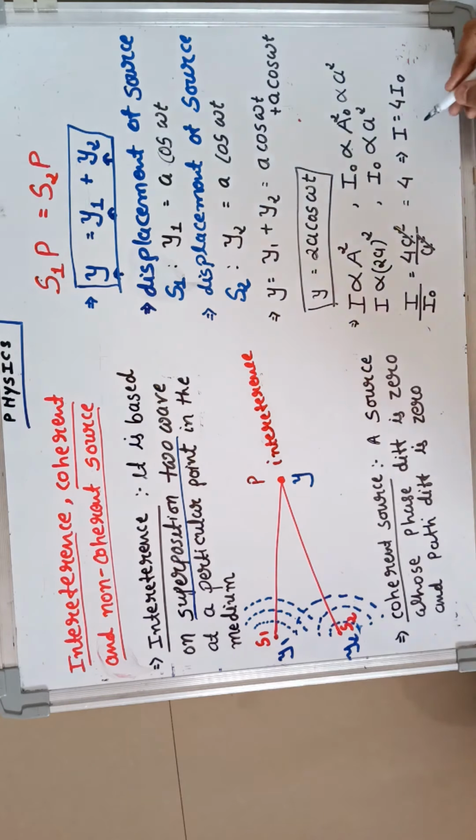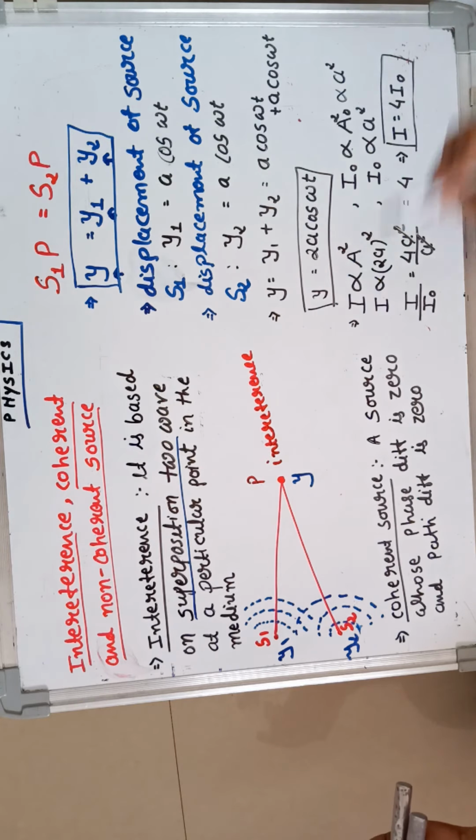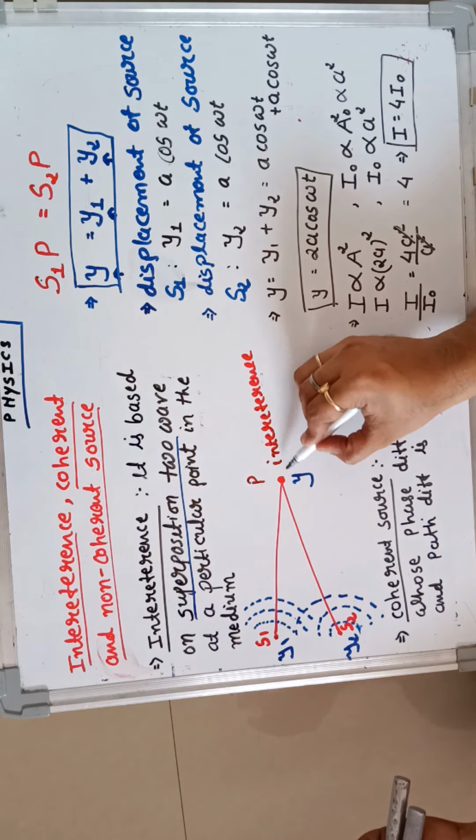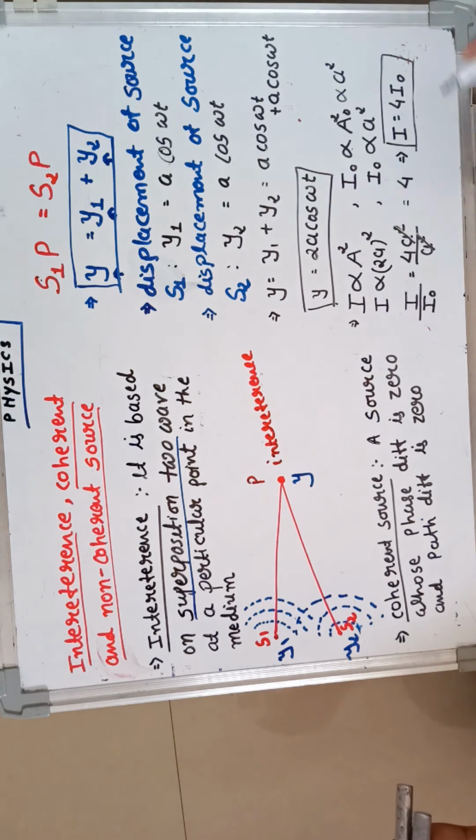Yes, the final intensity is 4 times the initial intensity. So I is equal to 4I0. It means the final interference intensity is greater than that of S1 and S2, and it is 4 times the initial intensity.